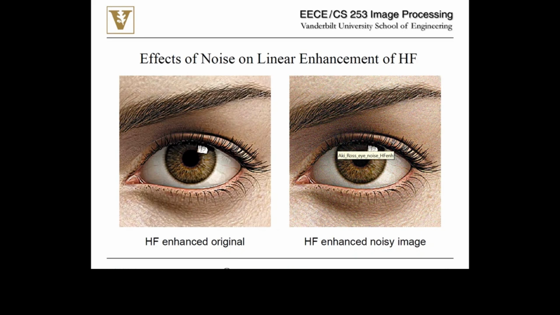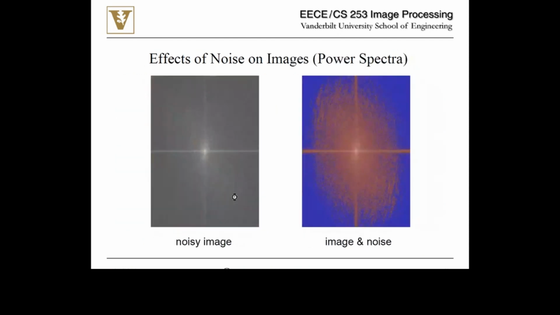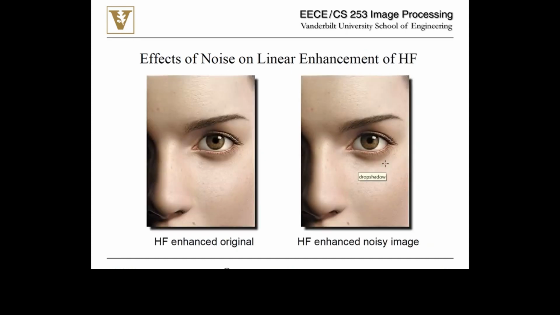This is the same concept, but now in real space. In that particular region, the power coming from the signal is very much concentrated at the origin. We don't have high-frequency components.